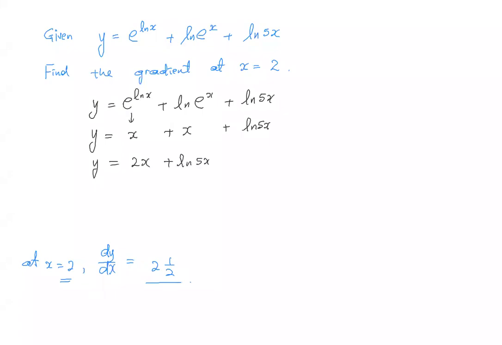People can give you something that is very difficult. Why? I can simplify it because I know this: e ln anything. ln ex is x ln e, and this is 1.